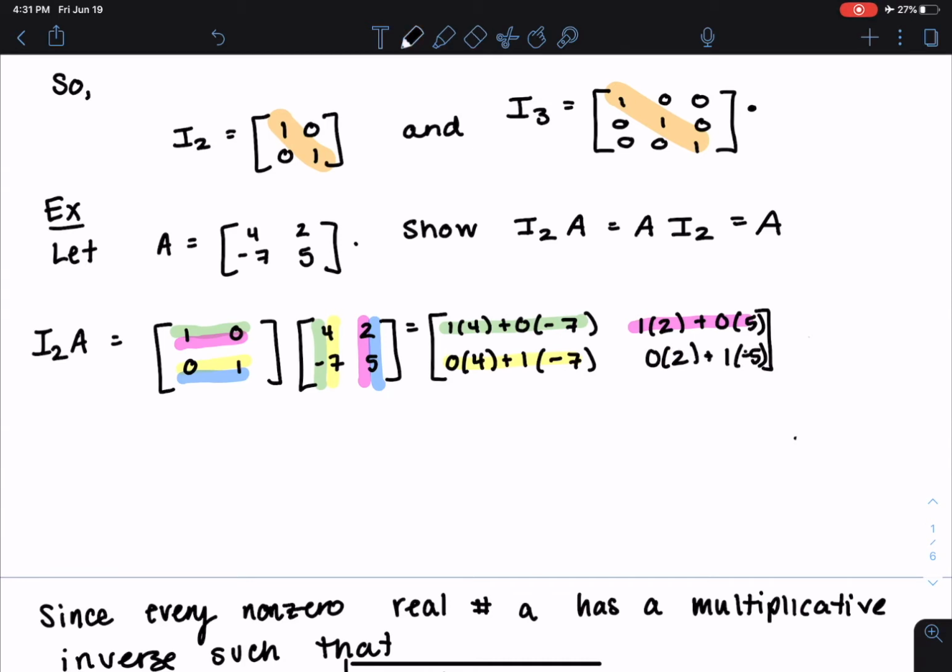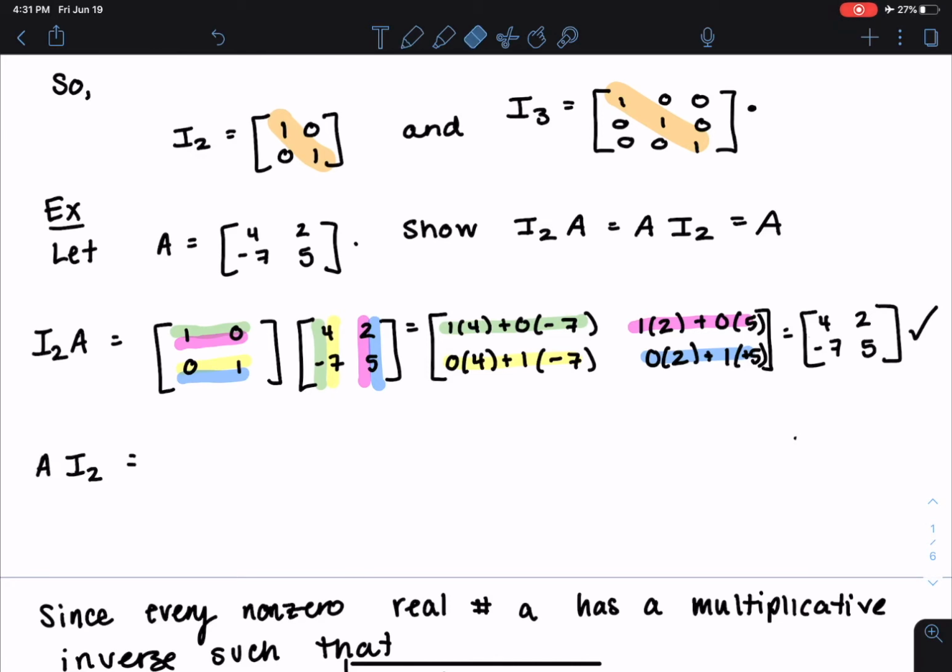And this should be a positive 5. So we get 0 times 2 plus 1 times 5 for this last piece. And so indeed, this does give us exactly the same matrix back, 4, 2, negative 7, 5. So we get the same thing, and that is A itself.